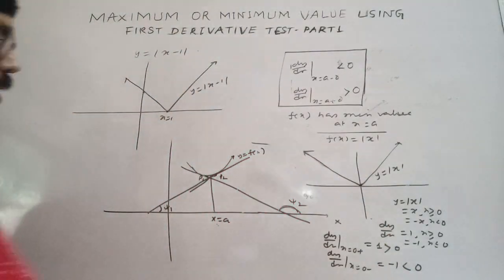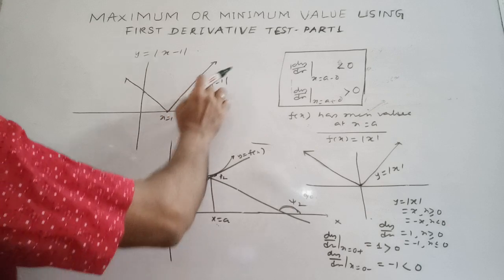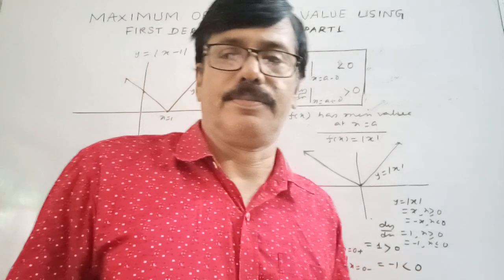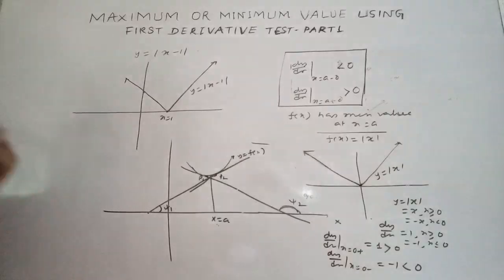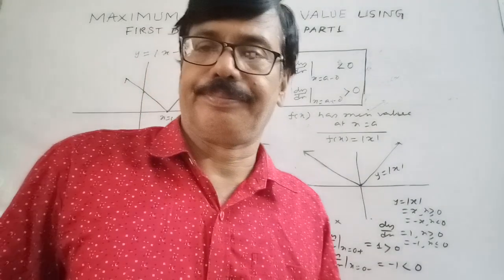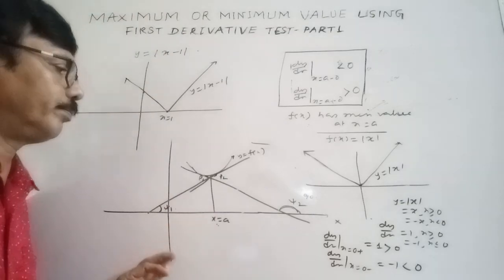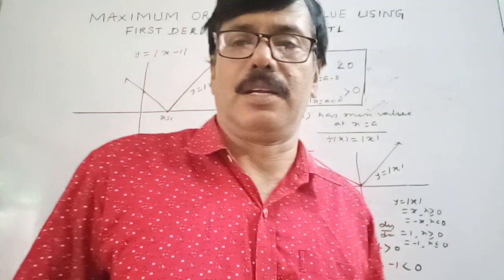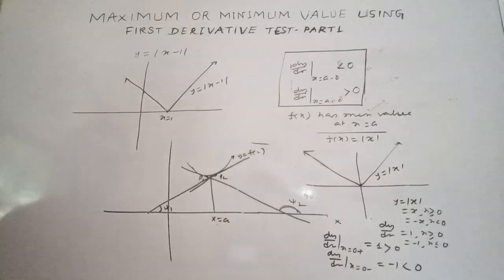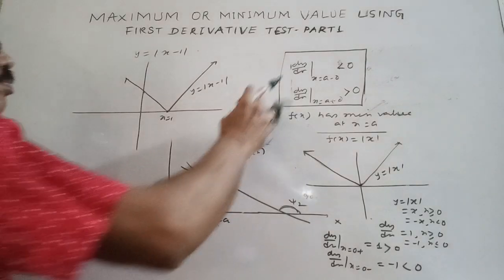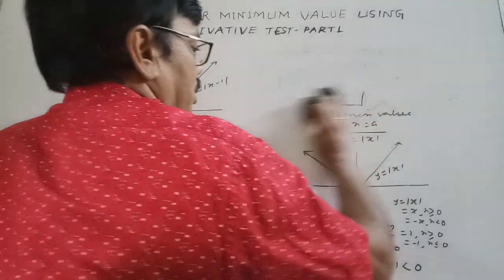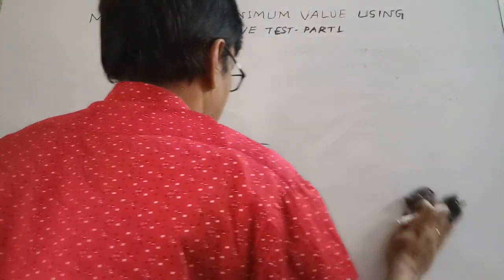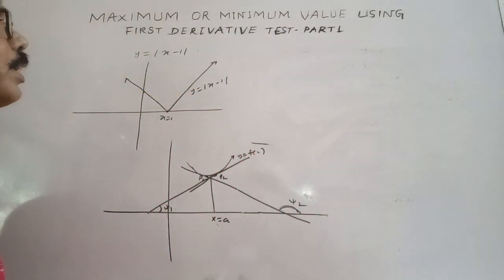And from the first derivative, you know the right hand derivative is plus 1, the left hand derivative is minus 1. Sometimes, the second derivative of a function may be difficult. In this case, you can use the method of first derivative to find maximum and minimum value.